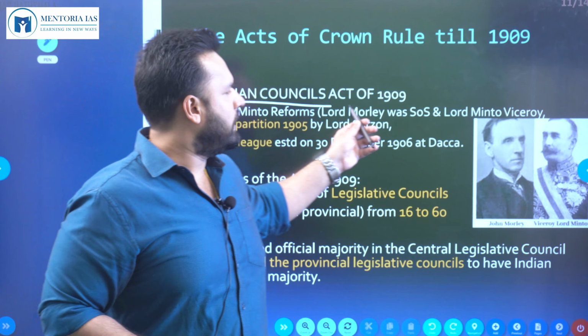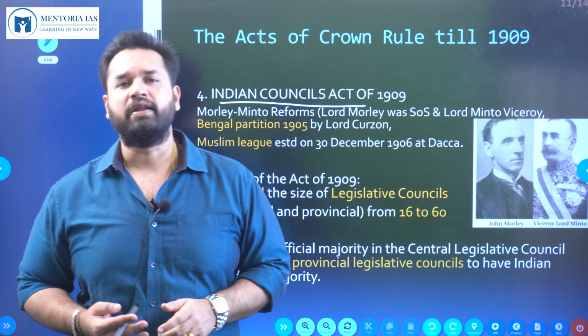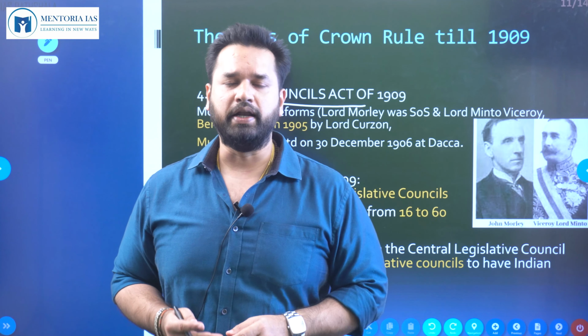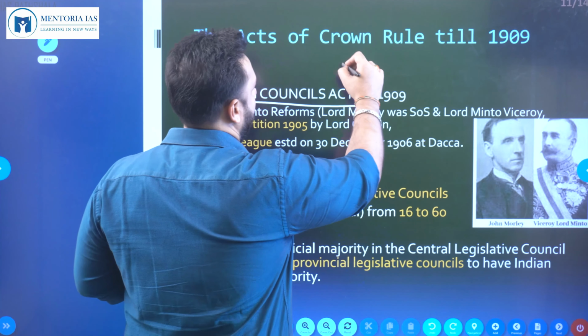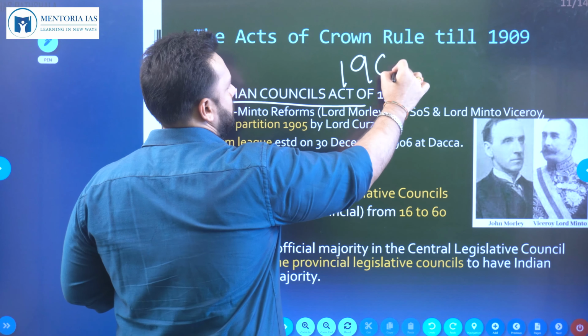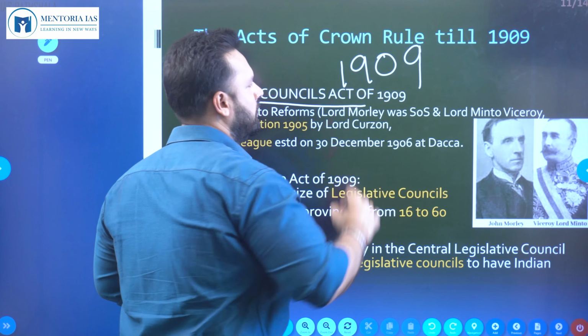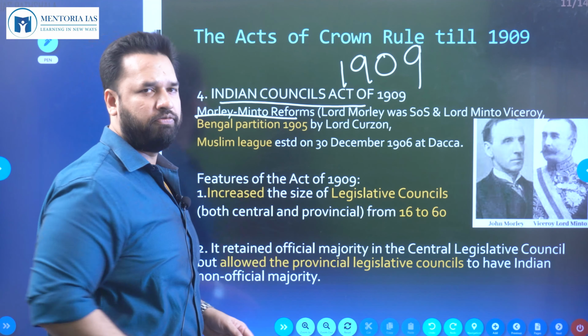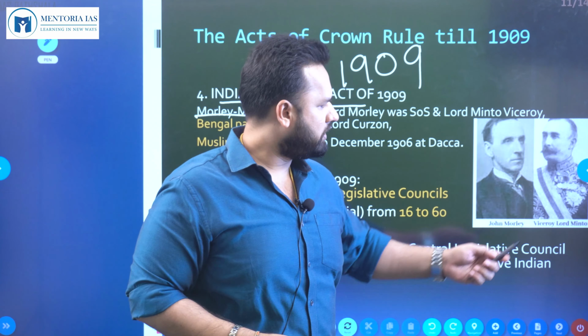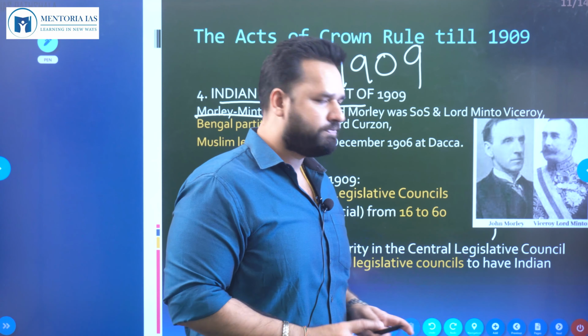Okay. Now let us go to the next act, of 1909, which is very important. Indian Councils Act of 1909. Okay. Remember? It is also called the Morley-Minto reforms. Who are these two gentlemen here? He is Morley.